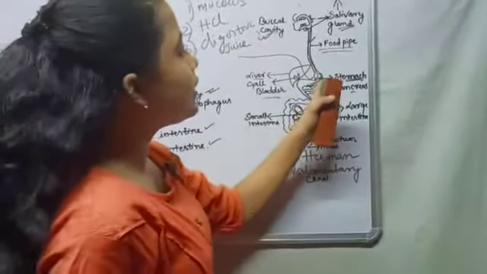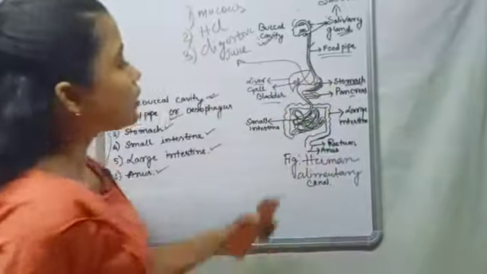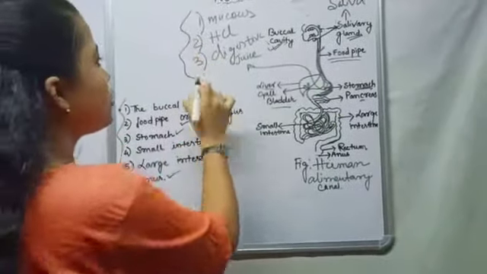So the inner lining of the stomach contains these three things.